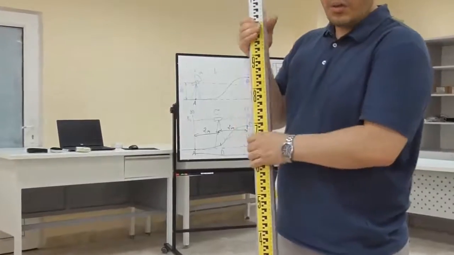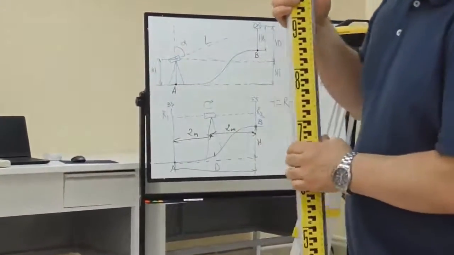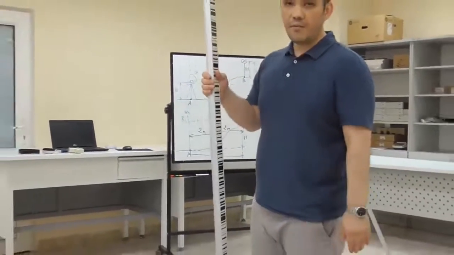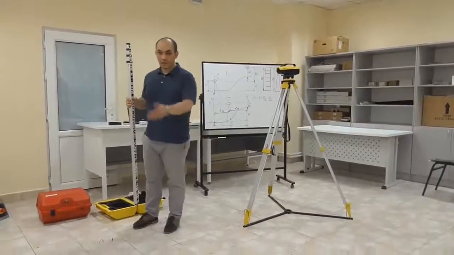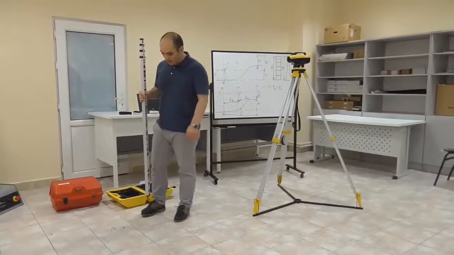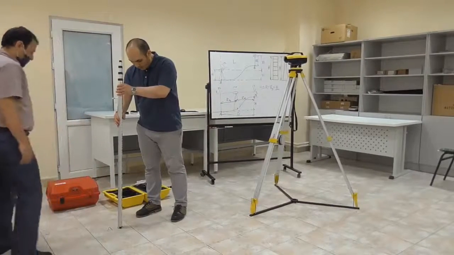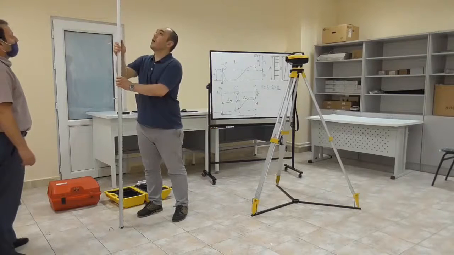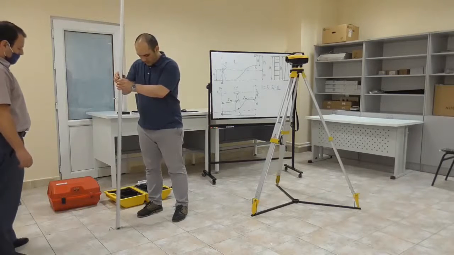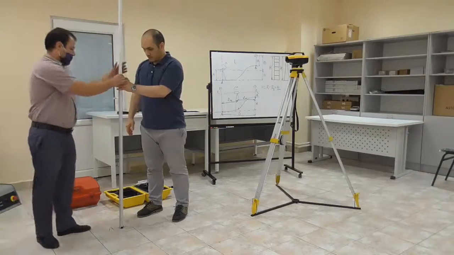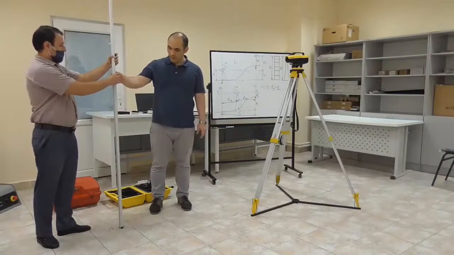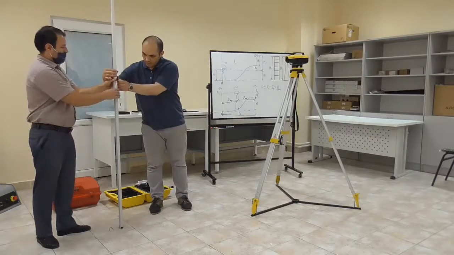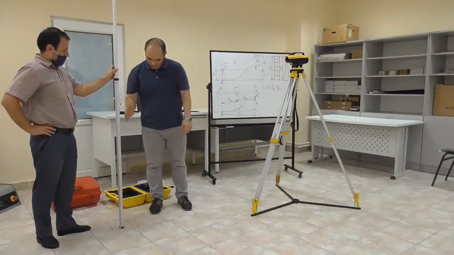Okay, I can use both sides. Someone should hold this staff on point A. So my colleague Daniel will help me to hold this vertically on point A. Please hold the staff vertically, but not here. Vertically, okay?